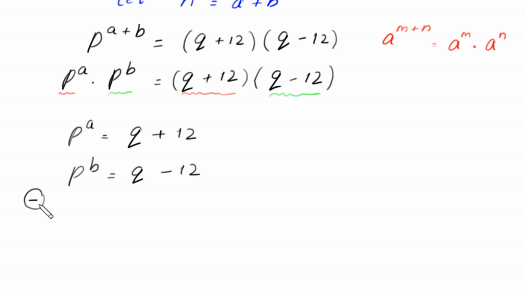We subtract these two equations. Because we are subtracting, this plus sign becomes negative, this plus becomes negative, and this negative sign becomes plus. And this p to the power a minus p to the power b is equal to, this q will be cancelled out with this negative q, and this 12 plus 12, 24.